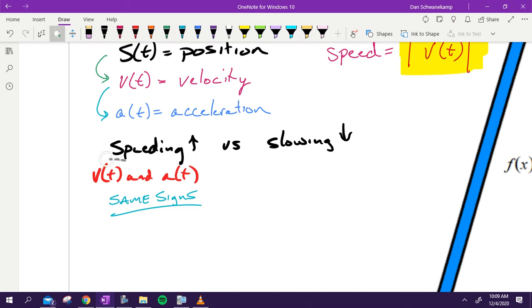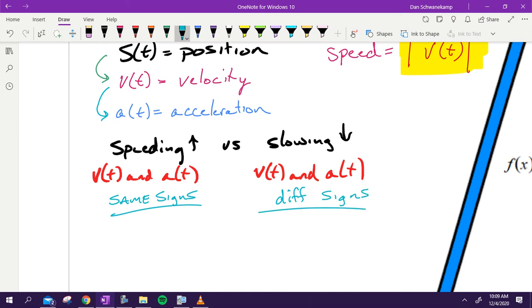And then obviously if we're slowing down, what's going to be true? Opposite signs. V of t and A of t. And that's how you've got to show it too. Just like we did in Bellwork today. You've got to say the same sign or different signs. And you've got to show what the actual values are, not just say, oh yeah, they were different signs. Questions there?